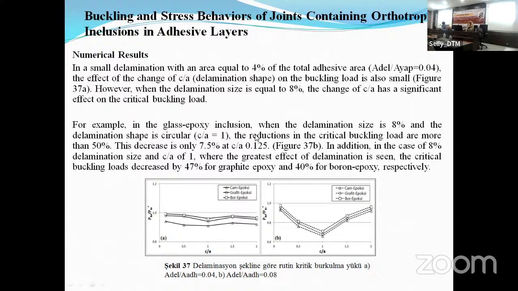The reduction in critical buckling load is more than 50%. And then this decrease is only 70.5 at C over A is 0.121. In addition, the critical buckling load is decreasing nearly 45% for graphite and 40% for boron epoxy.